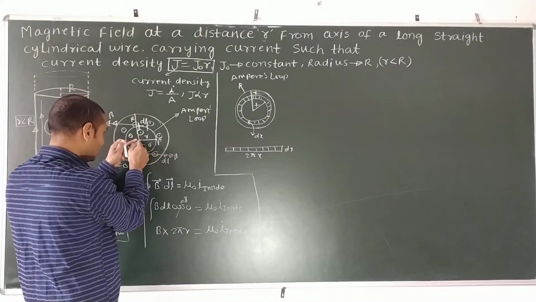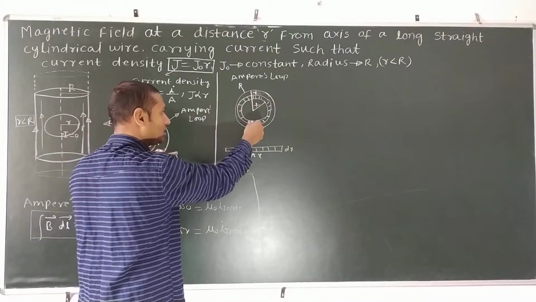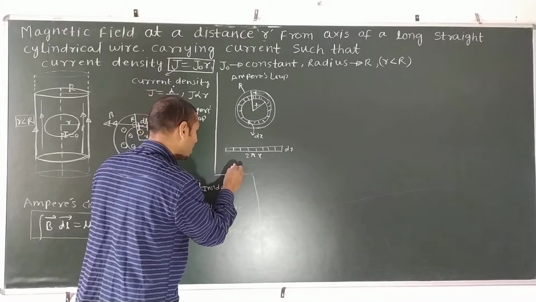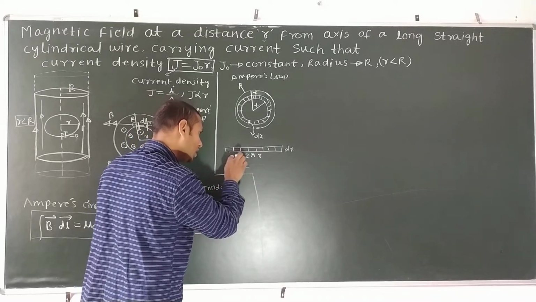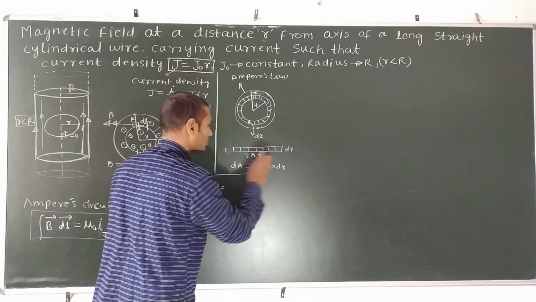We take an element from the center at a distance x having a thickness dx, and the area of that element becomes length into breadth, that is 2 pi x into dx.